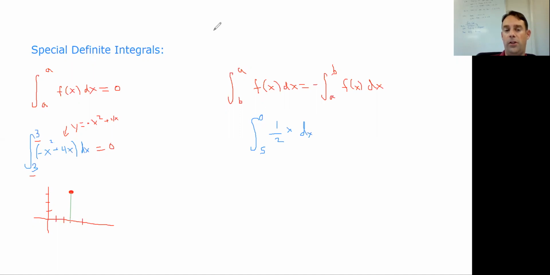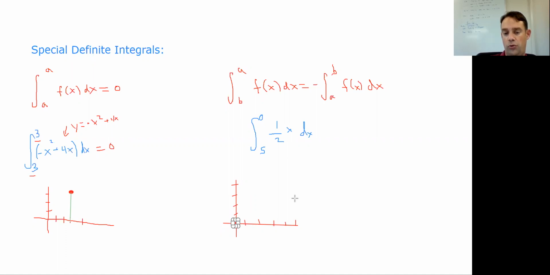So let's think again what this graph looks like. We'll use that to help ourselves out here. 1, 2, 3, 4. 1, 2, 3, 4, 5. So from 0 to 0, we went up 2 and over 5.